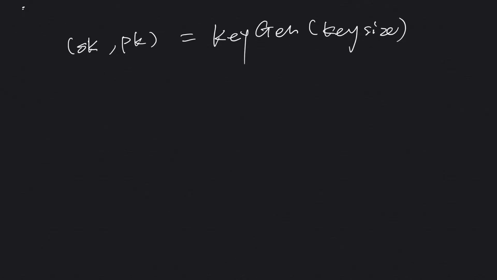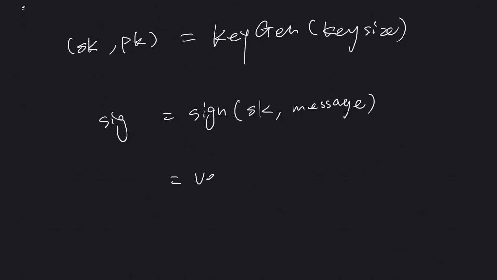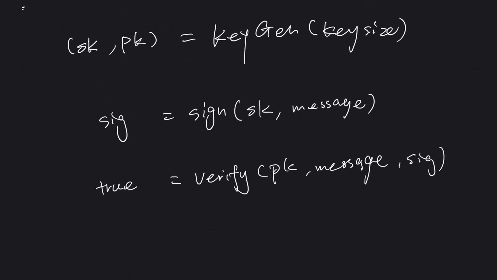The signing should be as simple as a signing function, which you pass your private key and the message you want to sign, and it gives you a signature. Other people should be able to easily verify your signature by having your public key, your message, and the signature. It will tell true or false.